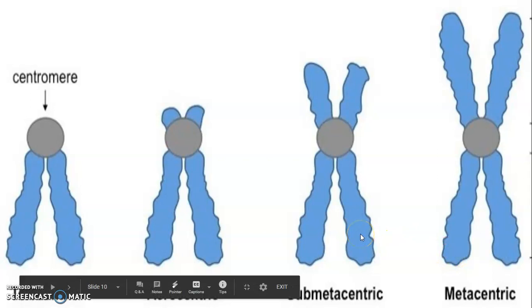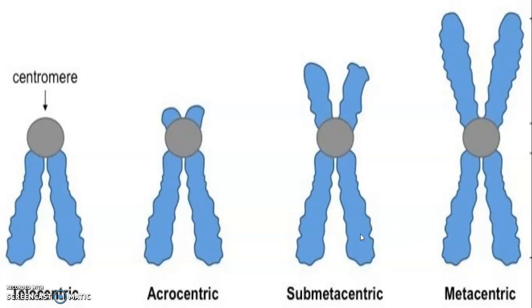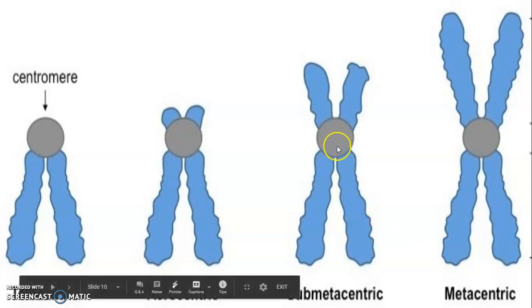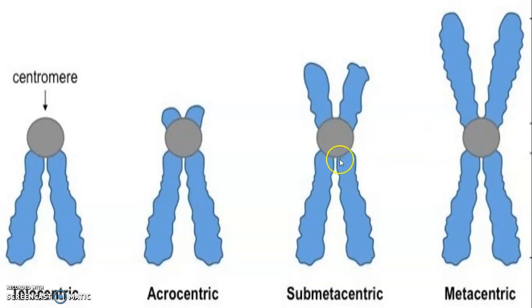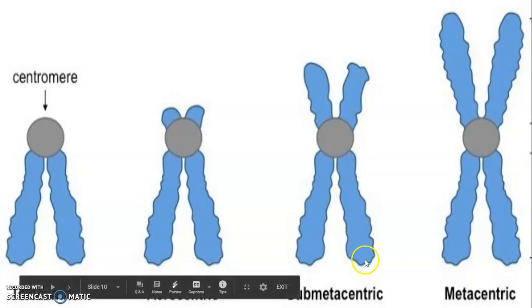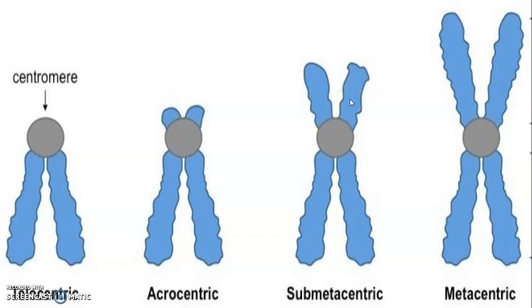In the case of a submetacentric chromosome, the centromere is slightly away from the middle. In the case of metacentric, it is in the center. Here in the case of submetacentric, it is slightly away from the middle, so that one arm is longer and the other arm is shorter. It is called submetacentric.